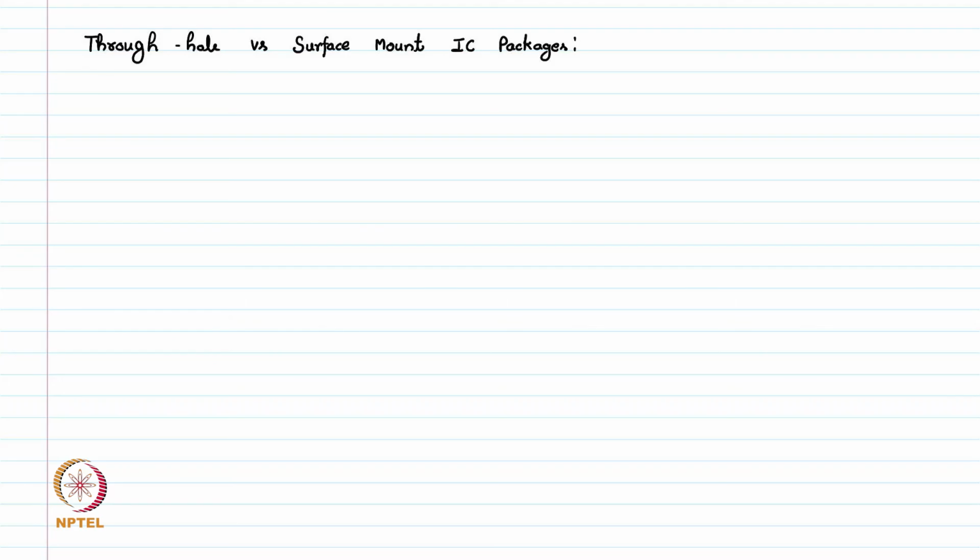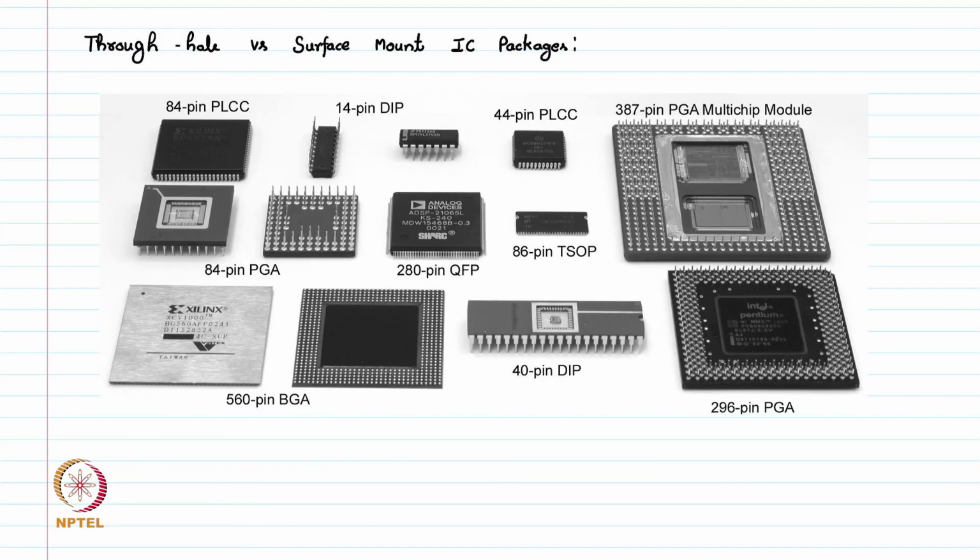In this figure we can see these are the packages available for active components. Inside these we have an active circuit, for example, made with MOS transistors and everything. These packages are also available in both form factors. One is through hole and one is surface mount.